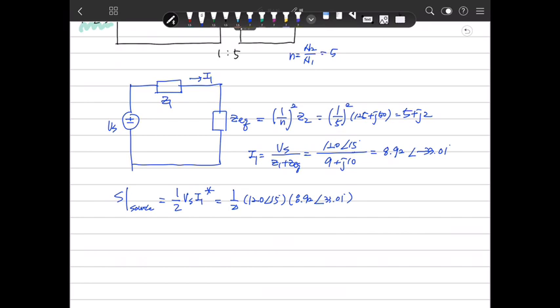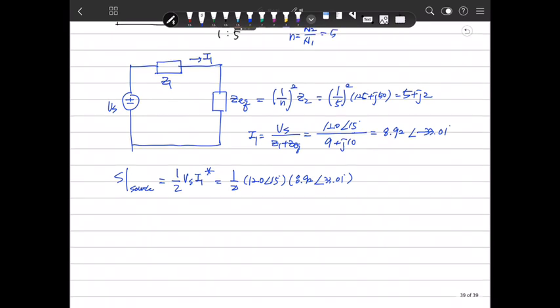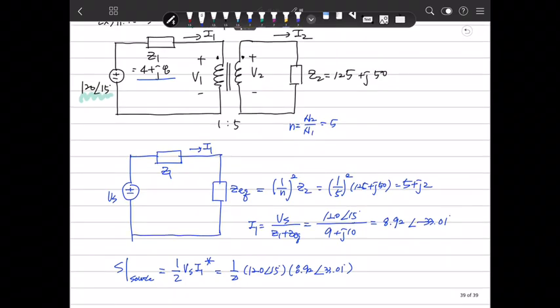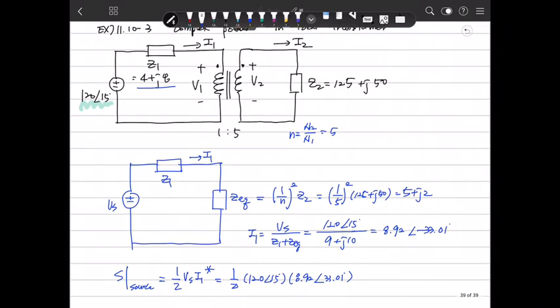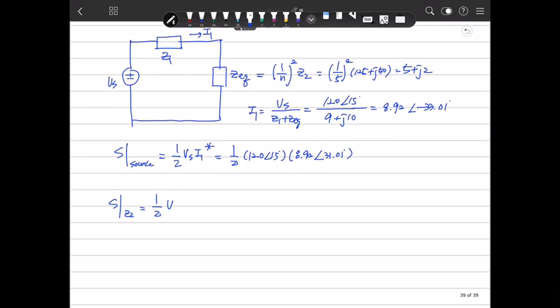If you want to know the complex power consumed by Z2, I mean S by Z2, the same way, this power is transferred to this power. Why? Because this is ideal, I mean a lossless system in the ideal transformer. So we can transfer that, it is V1 and I1 conjugate. To calculate that, we need to know V1.